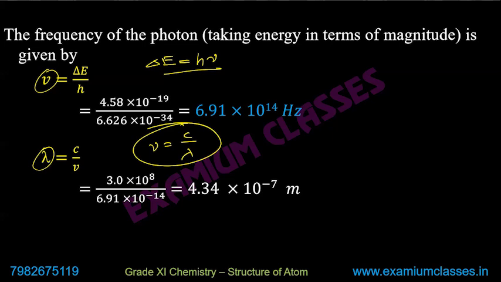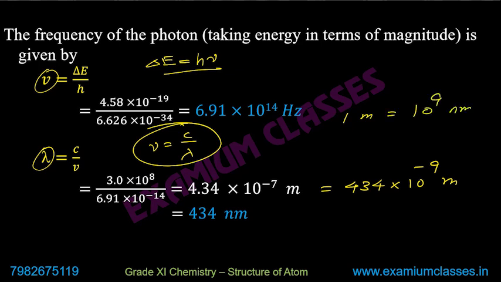So you will get 4.34 into 10 power minus 7, which will be 434 into 10 to the power minus 9 meters, which is 434 nanometers, because 1 meter is equal to 10 to the power 9 nanometers, or 1 nanometer equals 10 to the power minus 9 meters.